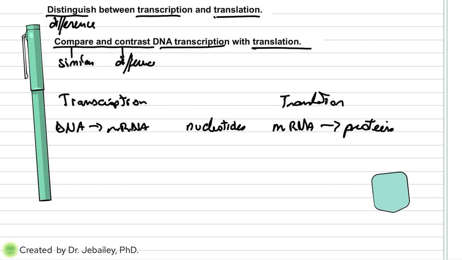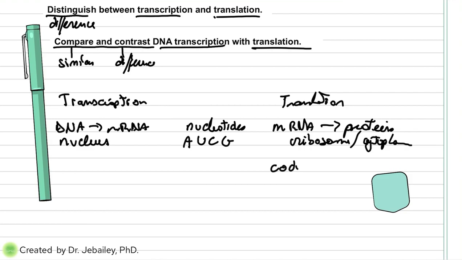The next thing is that they both use nucleotides, right? But when we talk about nucleotides, make sure you're talking about the A, U, C, and G. The next thing is transcription is happening in the nucleus. This one is happening in the ribosome, or you can say the cytoplasm. The next thing, the transcription has to do with transcribing the antisense strand, while translation has to do with converting the codons into amino acids.